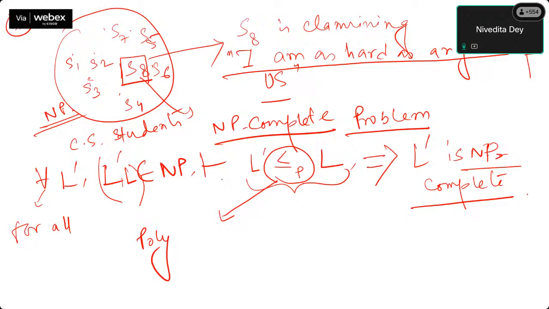Okay, I forgot to mention it. This is not less than or less than equals to. This means polynomial time reduction to L, where L is all the remaining problems in NP. If that is the case, then L dash will be called an NP complete problem.